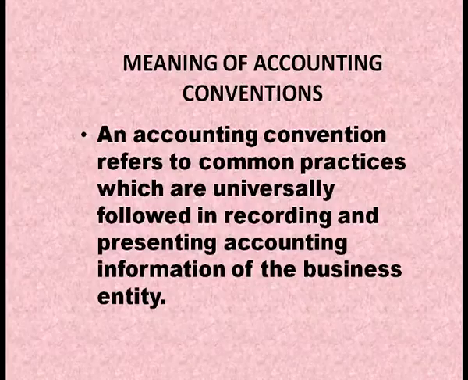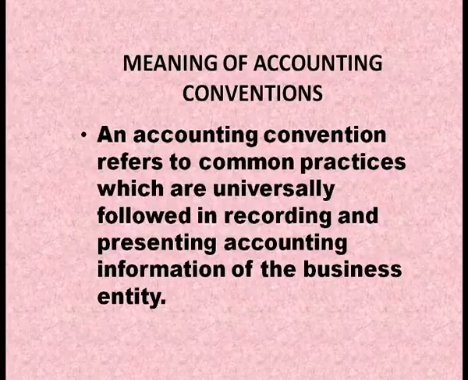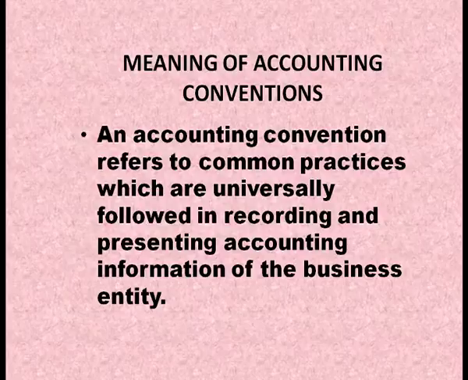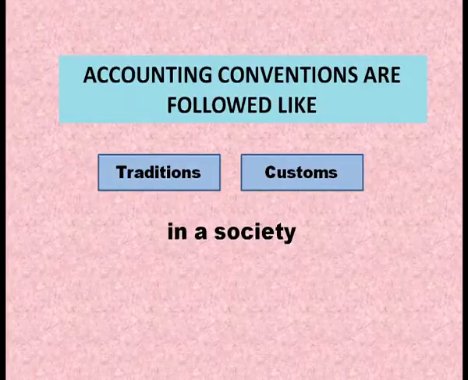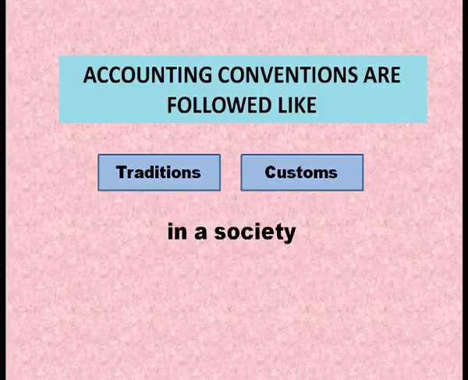An accounting convention refers to common practices which are universally followed in recording and presenting accounting information of the business entity. Accounting conventions are followed like traditions or customs in a society.